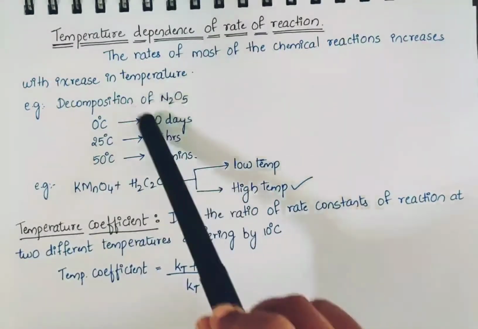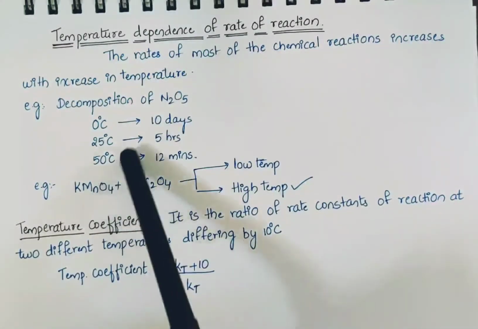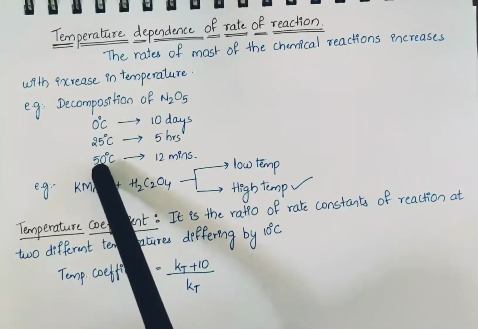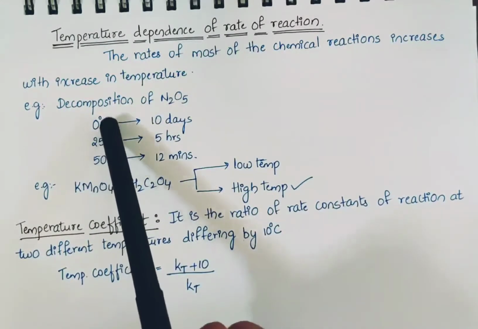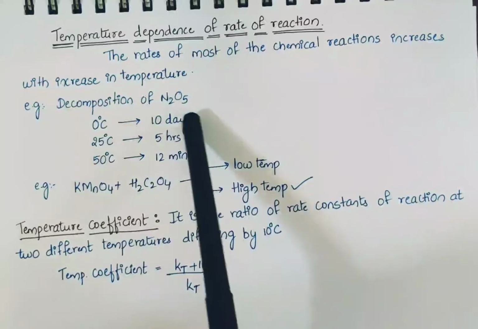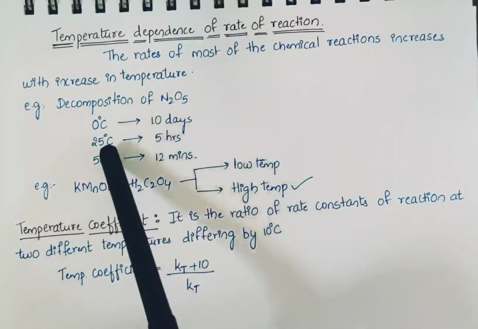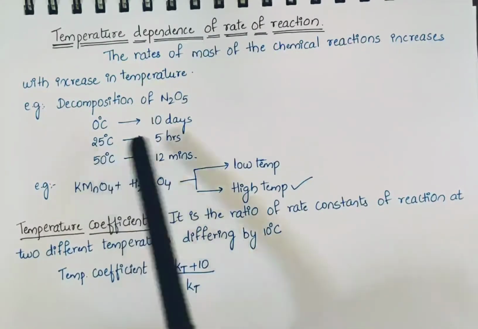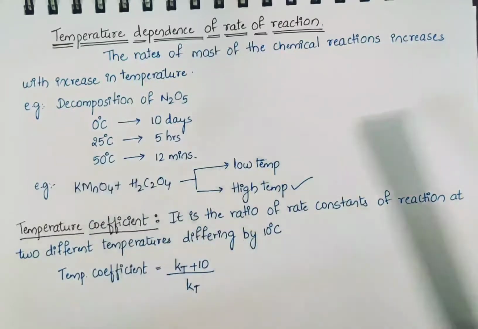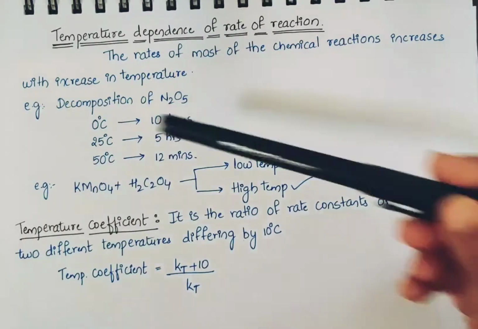If you carry out the reaction at different temperatures, at 0 degrees Celsius it took almost 10 days. At 25 degrees Celsius, 5 hours. At 50 degrees Celsius, the time taken was 12 minutes. So as the temperature increases, the rate of the reaction also increases.